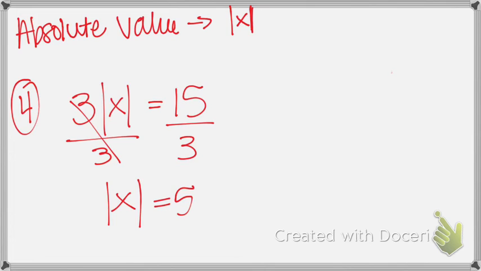Now, absolute value bars are still there. We have to get rid of them. We use the equation x, set 1 equal to a positive 5, and 1 equal to a negative 5.